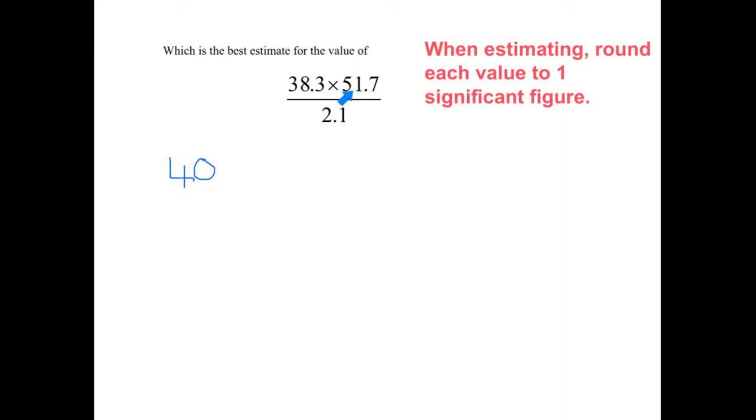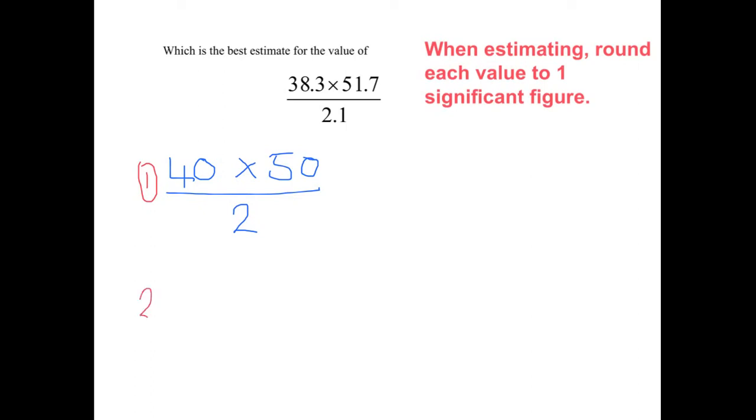So we're going to round this 51.7 to the nearest 10, so that will be 50. The value underneath, the significant figure here is the 2, and that's in the units column. So 2.1 will round to the nearest unit, which will be 2. And if we can successfully do that, that means we've got 1 mark so far in this question.